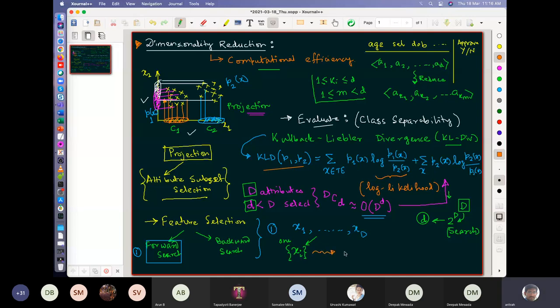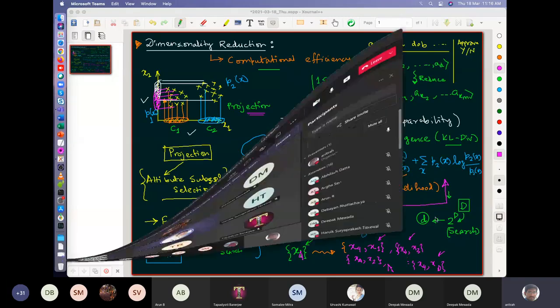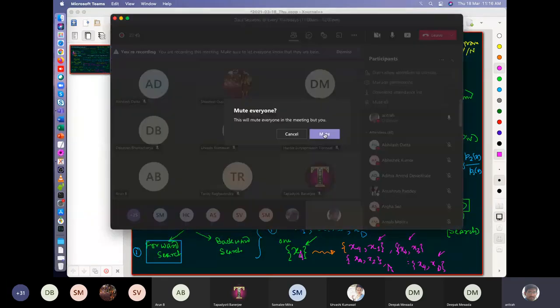Then I move on. Let's say for the time being x4 gives me the best possibility. Now I will see whether x4 and x1 is better, or x4 and x2, or x4 and x3, and so on up to x4 and xd. Which of them gives me better class separability in terms of KL divergence?